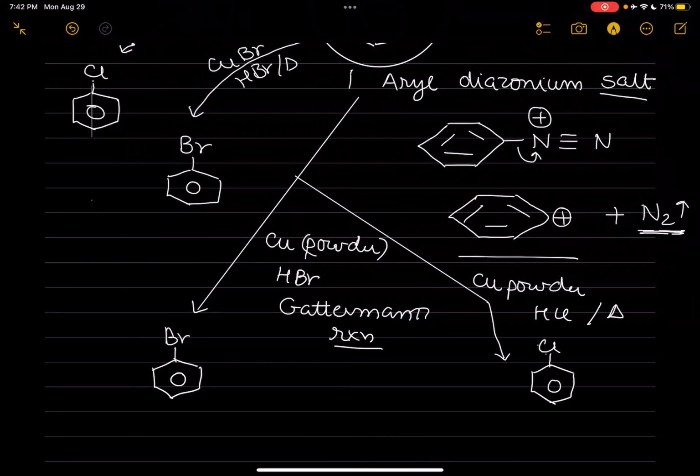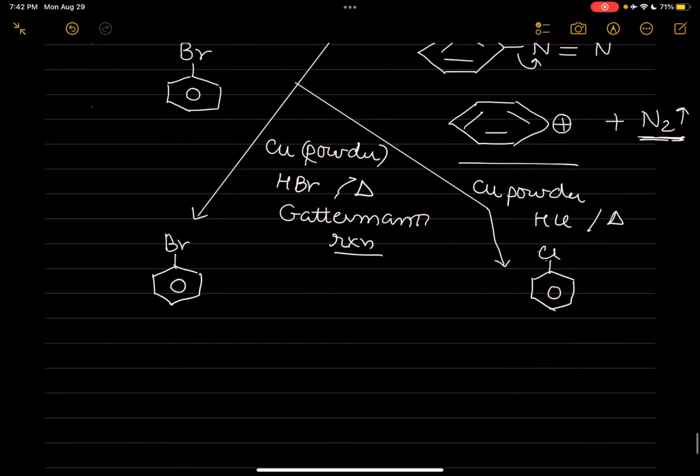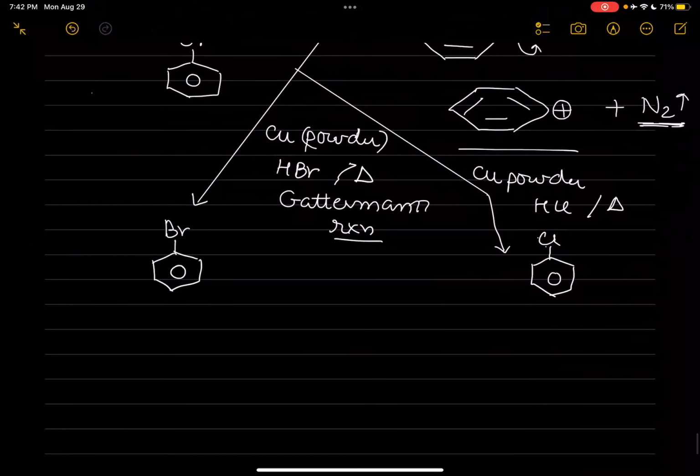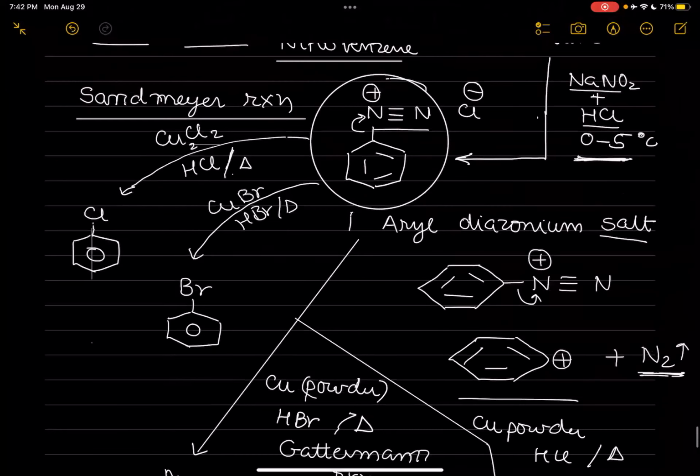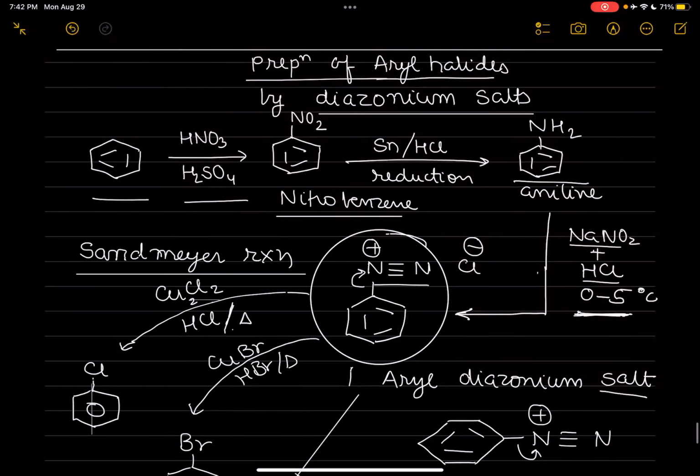Heat. You need to heat it because then only the N2 will break away. Is it clear? Yes. So for the preparation of chloro and bromobenzene, it is actually a long way. We are not very much interested in preparing chlorobenzene and bromobenzene by this method because it is just like taking a long route.